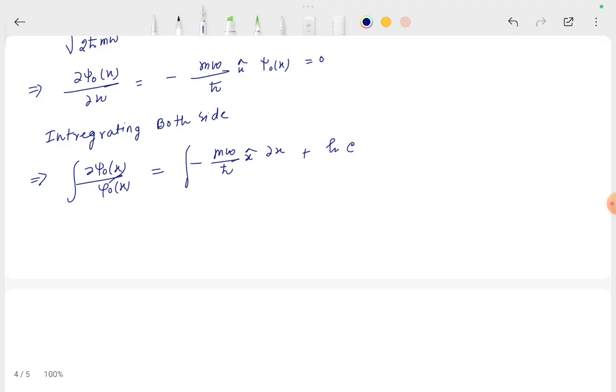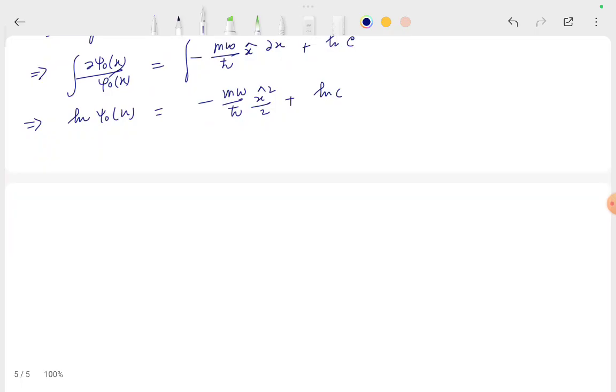Okay, so this is equals to ln psi 0 of x equals to minus m omega upon h cut x square by 2 plus ln c.